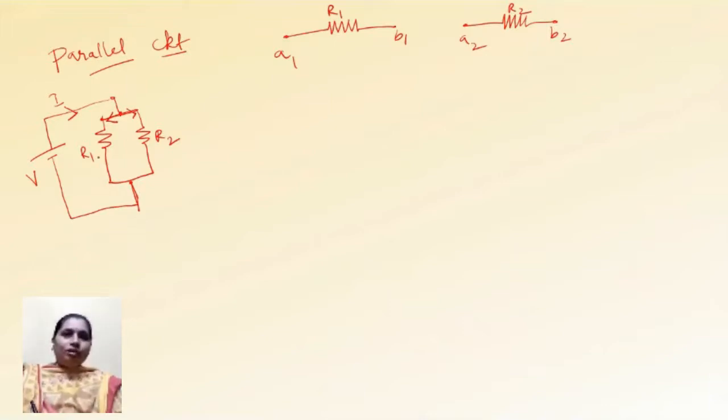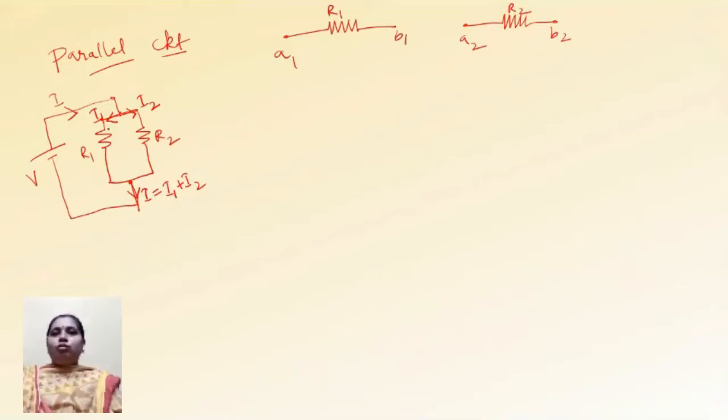Depending on the values of R1 and R2, the current starts dividing. Let this current be I1 and this current be I2. At the ending junction, the same current I is the combination of I1 plus I2. That means the same current flows from the positive terminal to the negative terminal, and it is divided in the parallel branches depending on the value of the resistor.